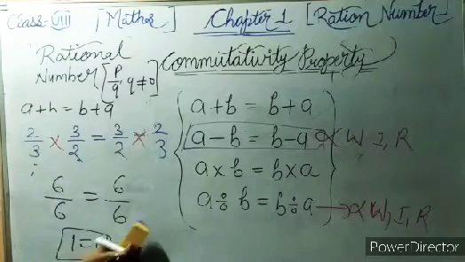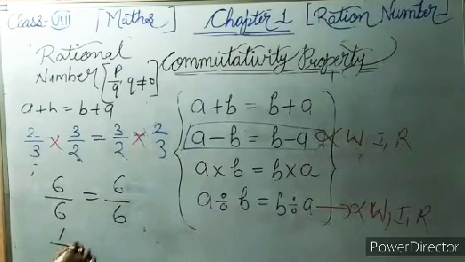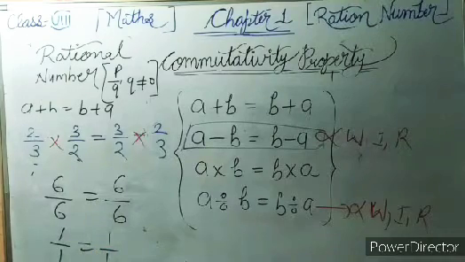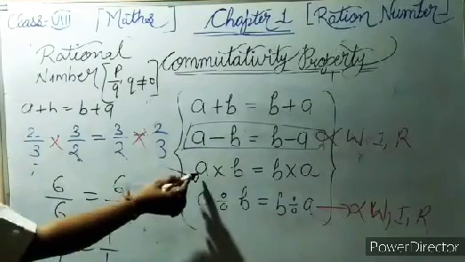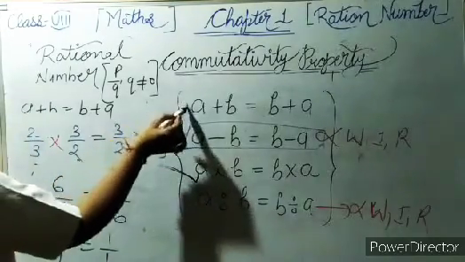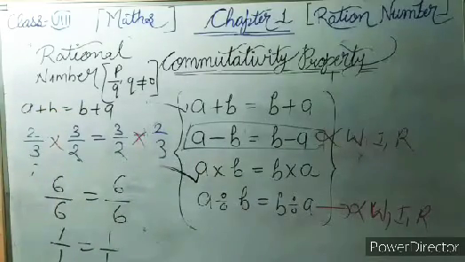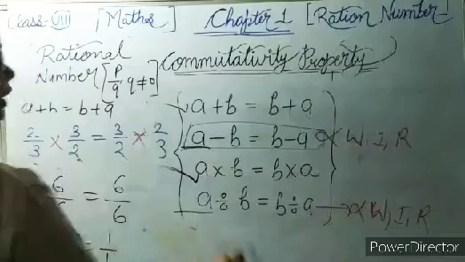We can say that another form is 1 divided by 1. That is why we say multiplication is commutative. Multiplication is commutative as well as addition, but it is not followed for subtraction and division.